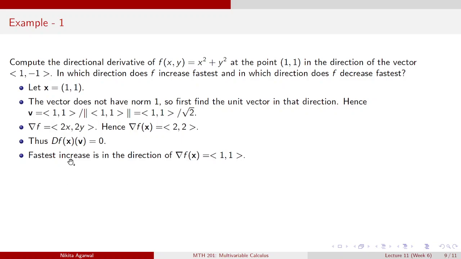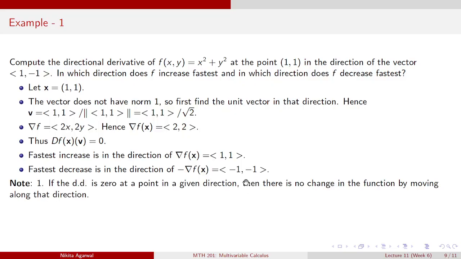Now, what is the direction of fastest increase? It's the direction of the gradient, which is 1 comma 1, and fastest decrease is in the direction of negative gradient, which is this direction. A few notes.